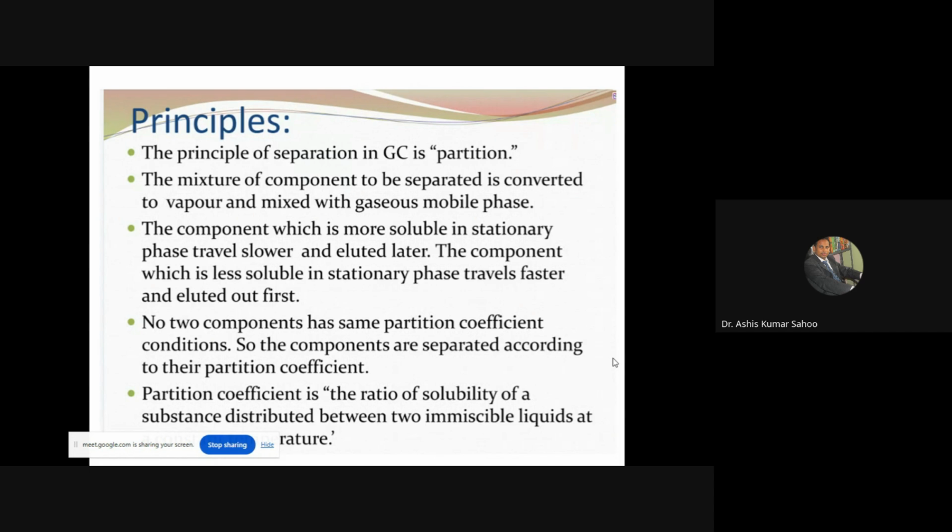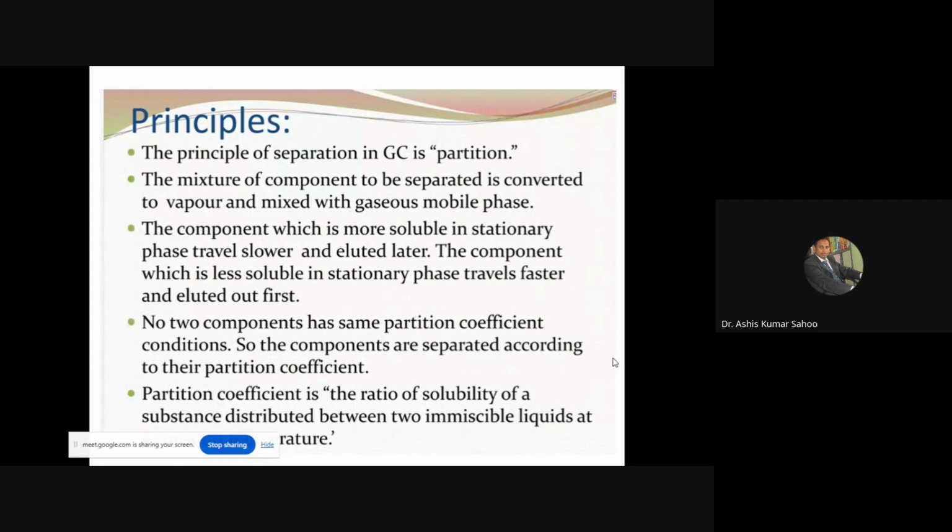The component which is more soluble in the stationary phase travels slower and is eluted later. The component which is less soluble in the stationary phase travels faster and will be eluted out faster.